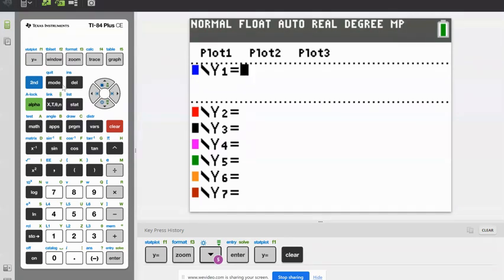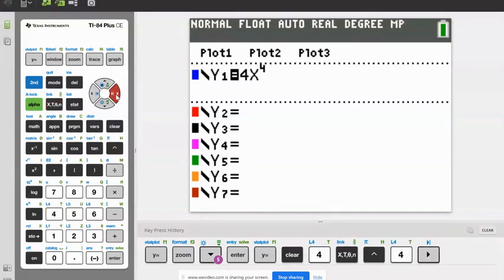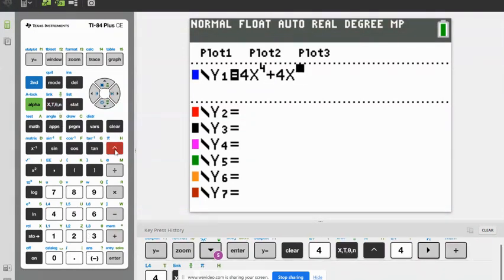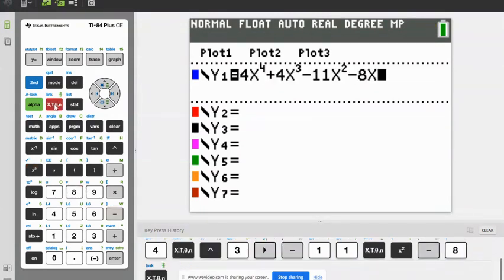Okay, so we're going to type in 4x to the fourth plus 4x cubed minus 11x squared minus 8x plus 6. And then graph.